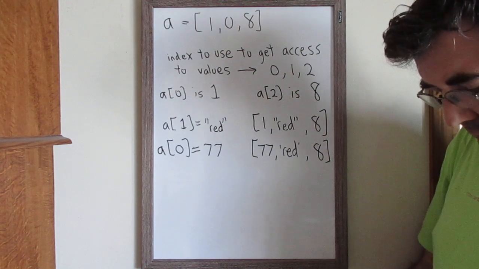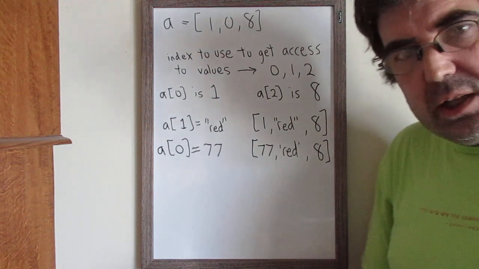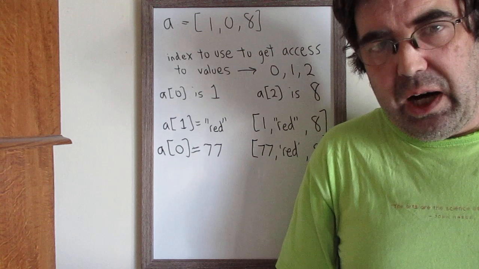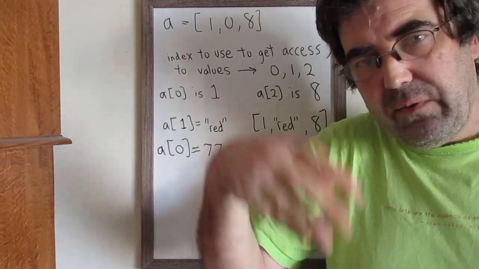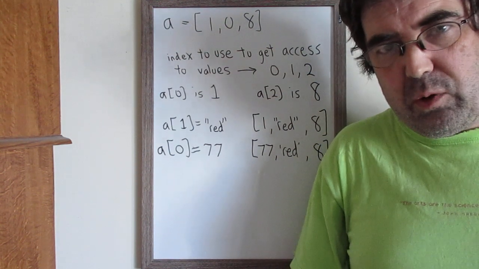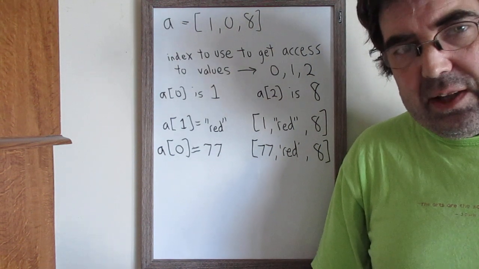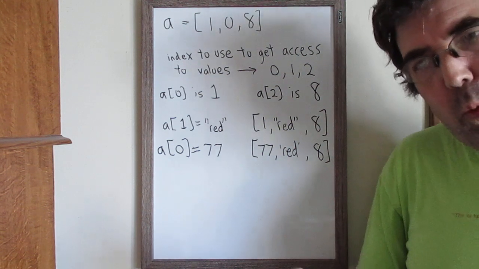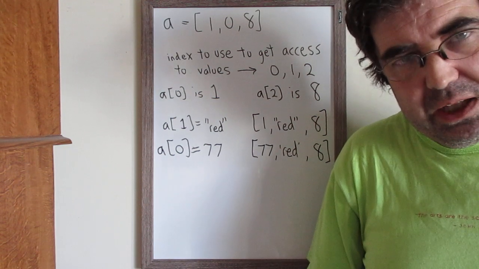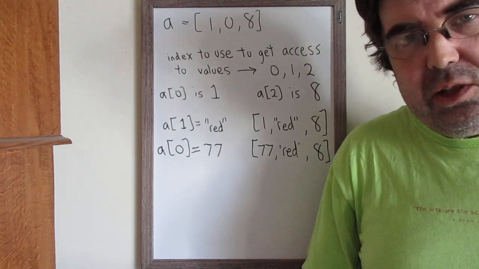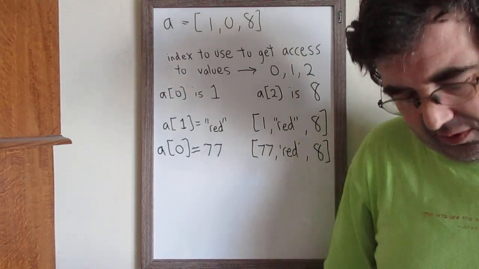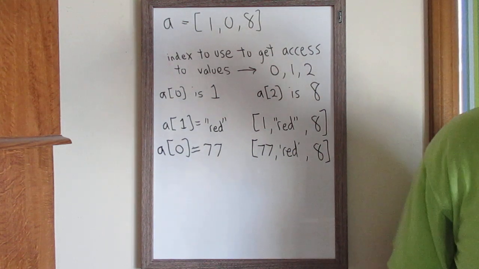In time, you will see that the choice of words container or jar or box, something that you put other values inside, is helpful in understanding how to work with them. But in time you will see it is not 100% precise in terms of what is actually happening. So at some point you need to understand where the word container or box is a little bit imprecise, even if it is helpful.